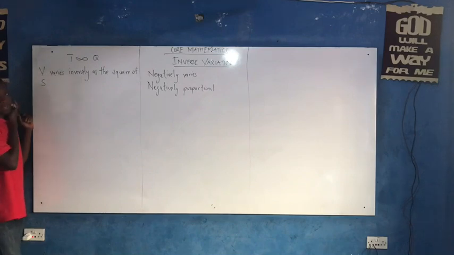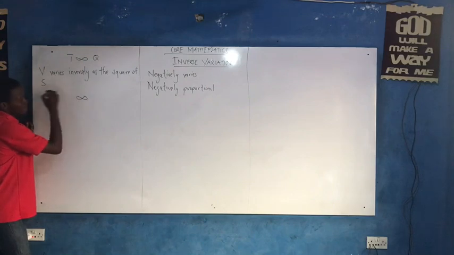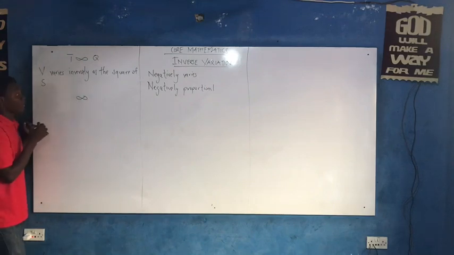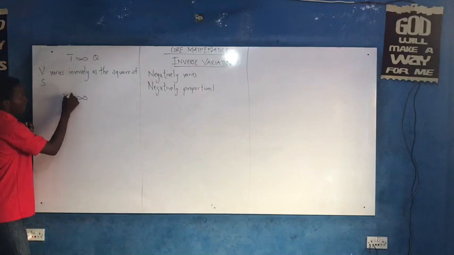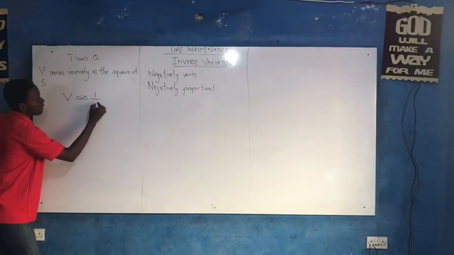So how do I write this? We introduce a variation symbol, which is this. V varies inversely, so we use 1 over the square of S.